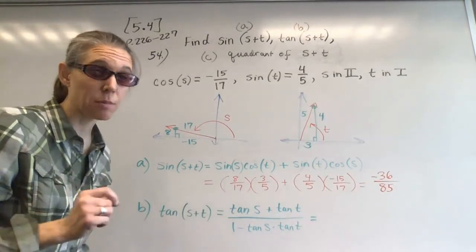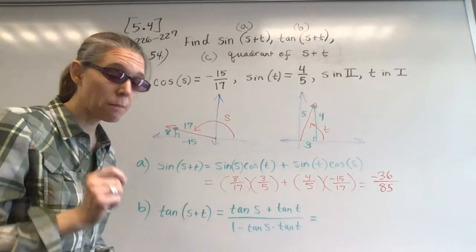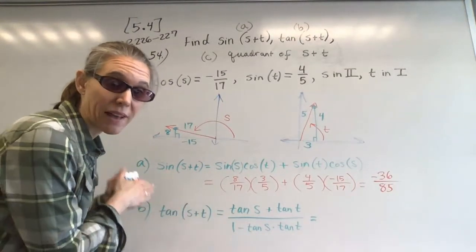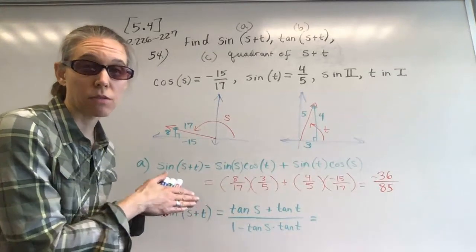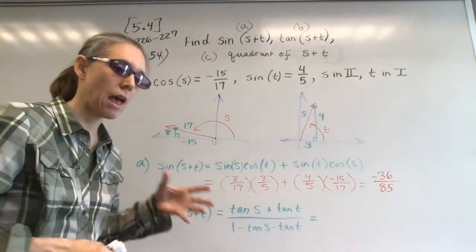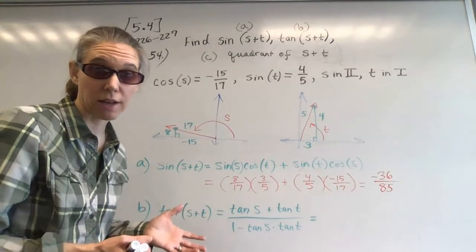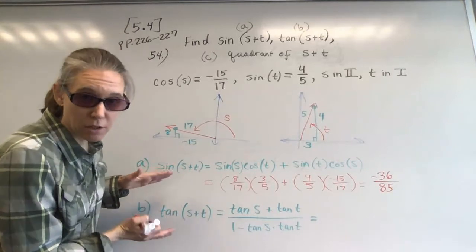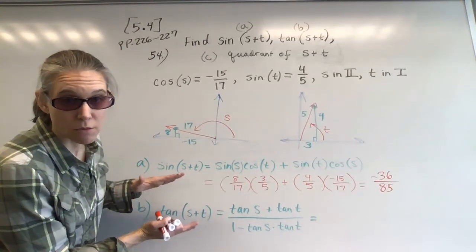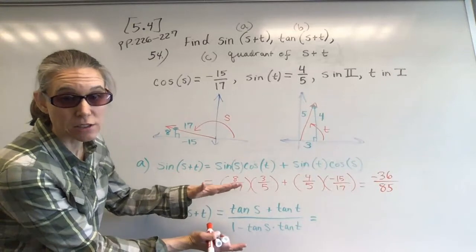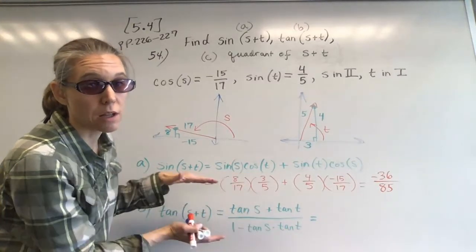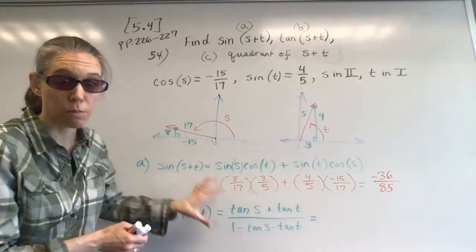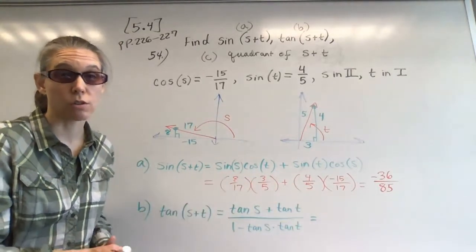I'm not actually copying the formula. I'm copying the formula applied to specific values of S and T. Because the formula is going to usually be A, B, alpha, beta, whatever you're looking at, x, y. I'm showing the formula being used specifically for S and T. I'm copying the application of the formula to this problem. So this is an important step to include in your work.